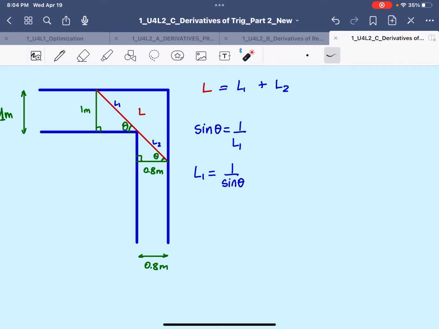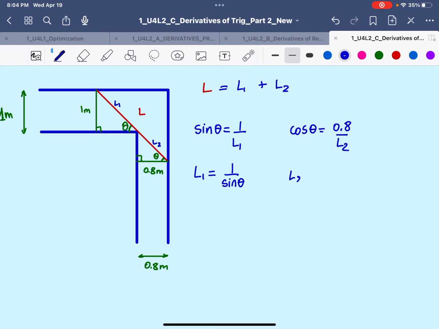Similarly, we are going to find an expression for L2 using the other right angle triangle. So this time, this is the angle theta, and 0.8 meters, which is the side we need to use because we know the length of it, is adjacent to angle theta. L2 is the hypotenuse. So adjacent and hypotenuse are related to each other by the ratio of cosine. So we'll say that the cosine of theta equals 0.8 divided by L2.